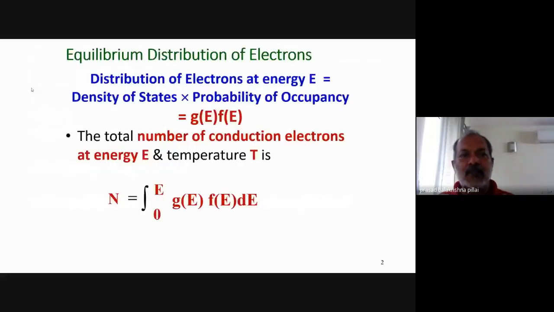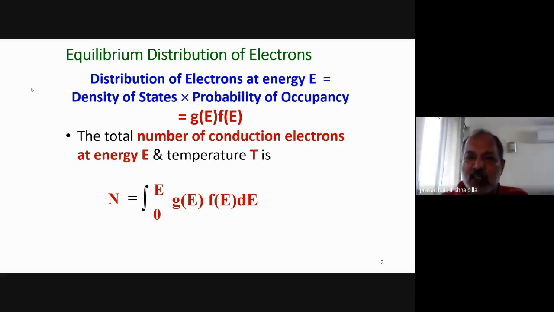Now, equilibrium distribution of electrons. You should start with the last line of that equation, that is n, the carrier concentration. It is decided by two factors. One is the density of states.